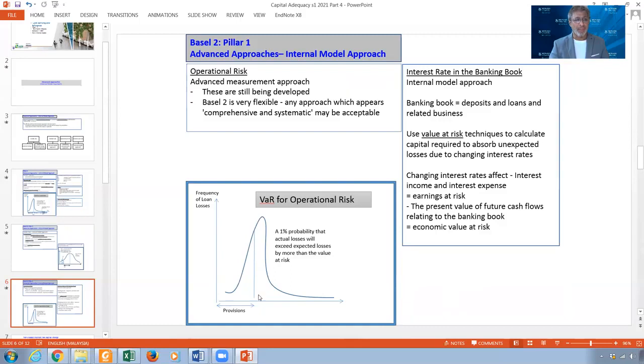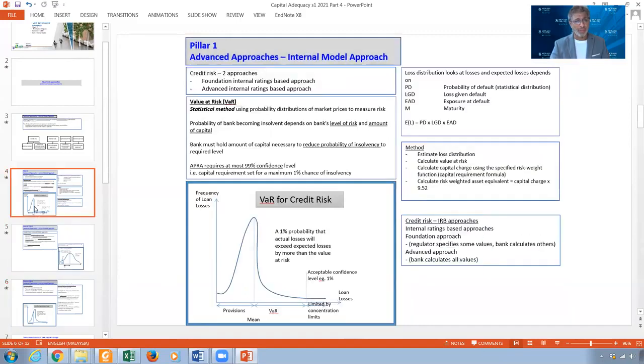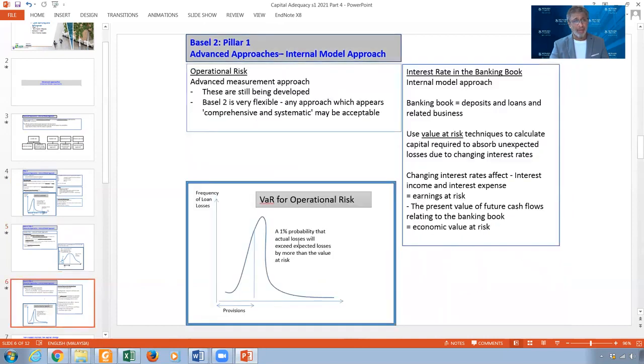The most important thing is to calculate the VAR. So as you can see, whether you are talking about operational risk, credit risk or market risk, all of those are actually calculating the value at risk, and the value at risk is actually the capital charge. You multiply it by 9.52, and then you get the risk-weighted assets.